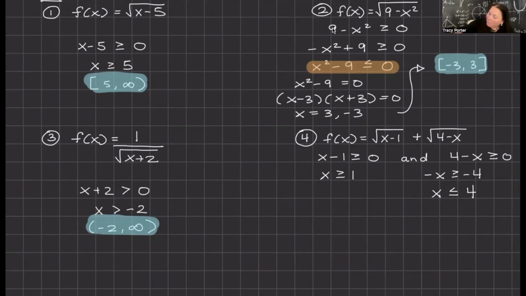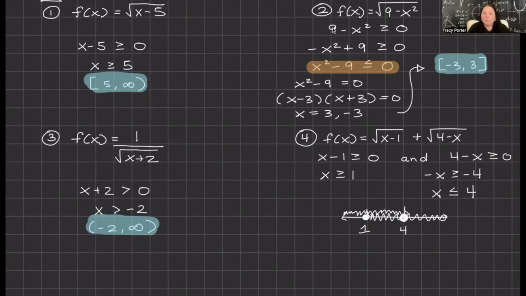So you need to satisfy both at the same time. If you want to put this on a number line, greater than or equal to 1 would look like that. However, less than or equal to 4 would go the other way.